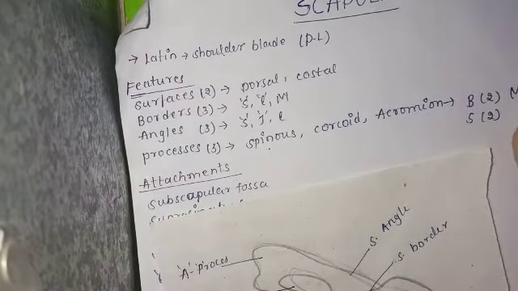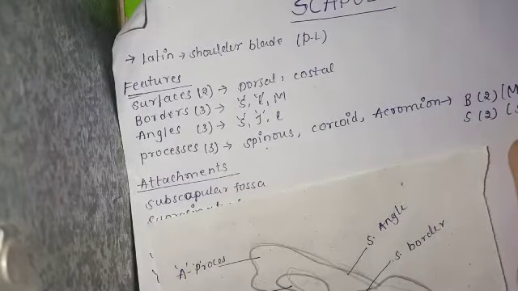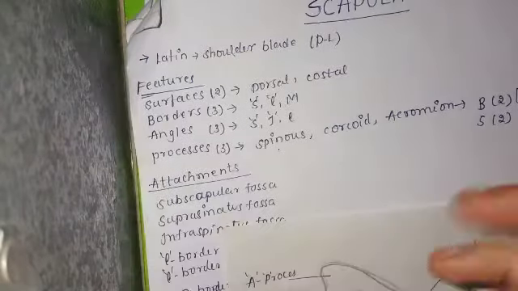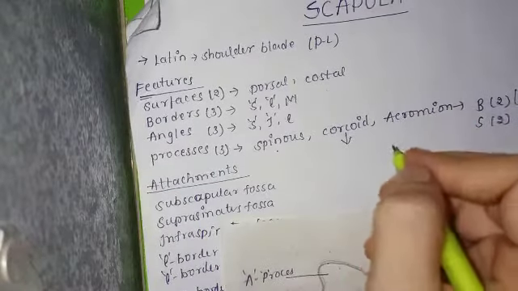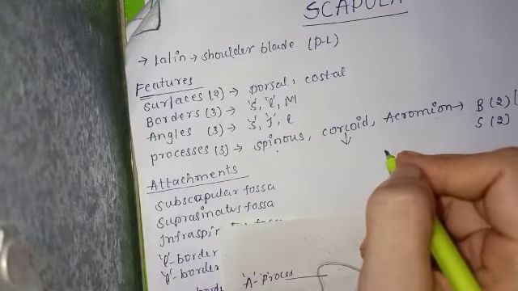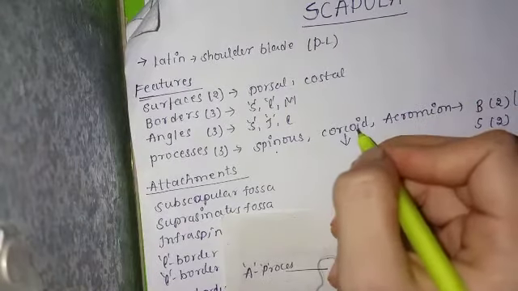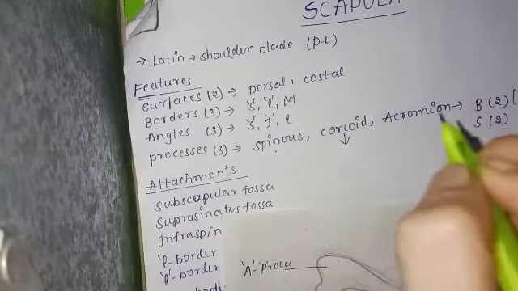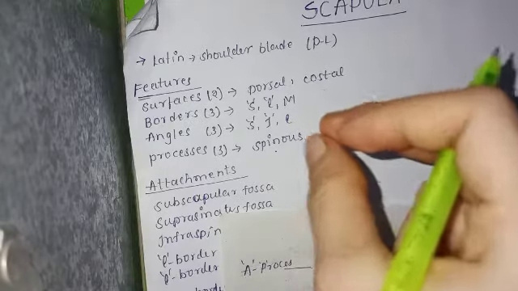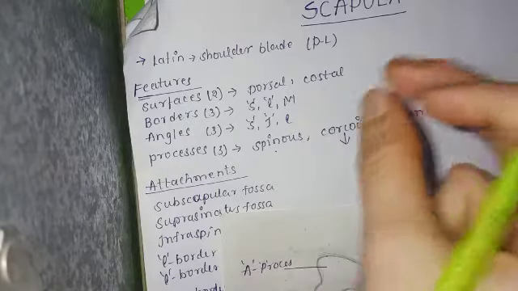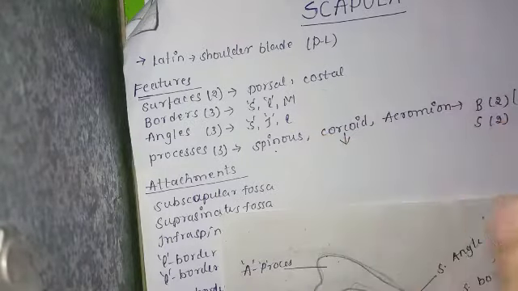Coming to surfaces, it has superior and inferior surfaces. In coracoid process, it is slightly present laterally and it is the example for atavistic type of epiphysis. It is a bent and finger like projection.